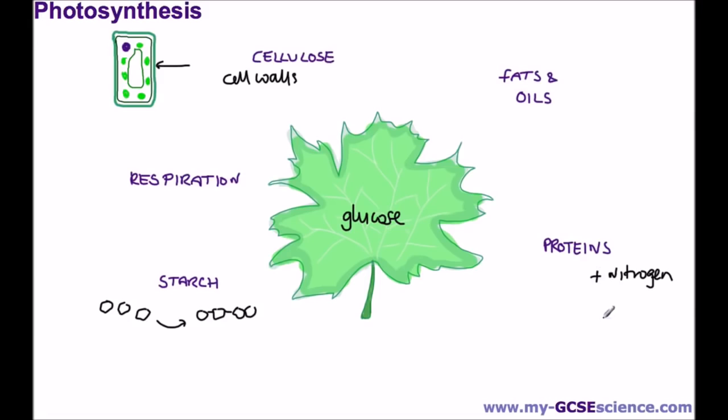So it requires the glucose plus nitrogen, and the nitrogen comes from the soil. It's actually found in a type of substance called nitrate, but that's the final use of glucose in the plant. Add it to nitrogen or nitrate and produce proteins. So that's it for photosynthesis, an overview, and in the next video we're going to look at limiting factors in more detail.